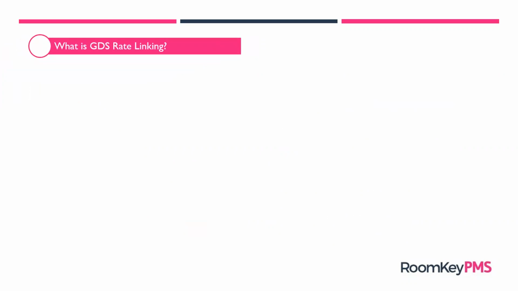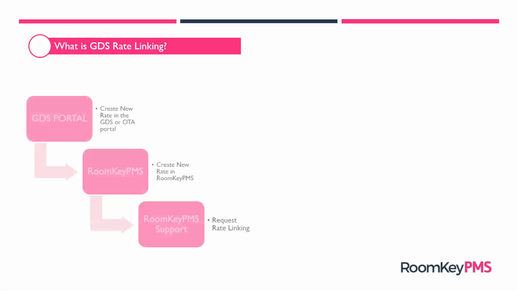So to jump directly into our topic for today, taking a look at what is GDS rate linking. For RoomKey, we do have a tool or our typical process for users that are creating a new rate to be distributed through the GDS or a third-party distribution tool. Typically, users are required to follow a three-step process that includes creating their new rate on the GDS portal first.